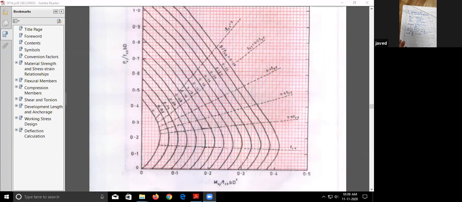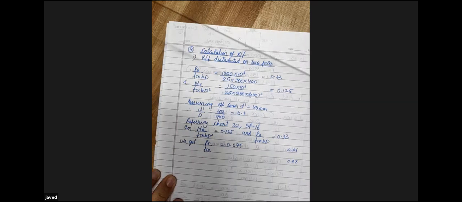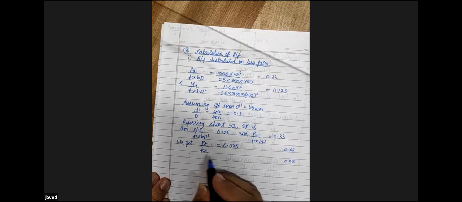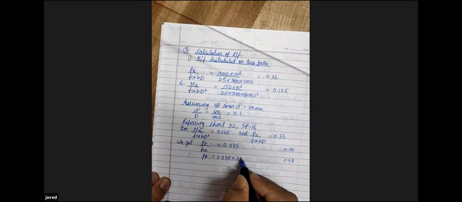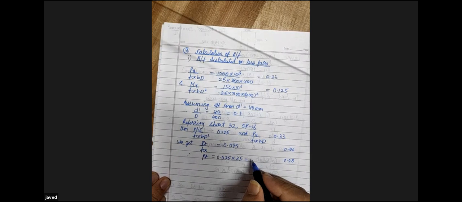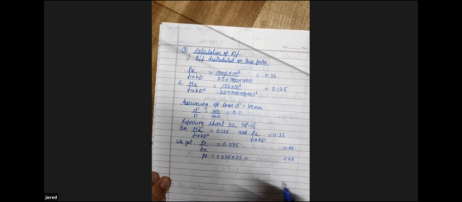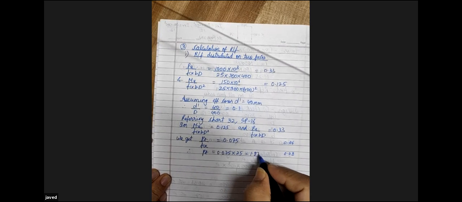So now let us find out the Pt. So therefore Pt is nothing but 0.075 into 25, which is nothing but how much? 1.875. So now let us find out area of steel, Asc.